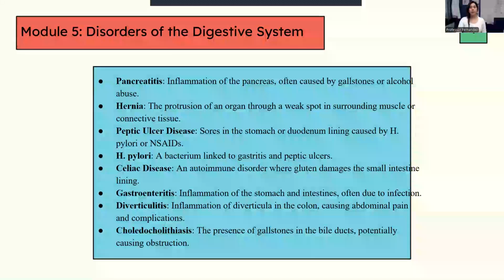Gallstones are stones blocking bile flow, constricting that part, and this causes pain. Crohn's disease is ongoing swelling in the gut. Hepatitis is swelling of the liver, from viruses or toxins.